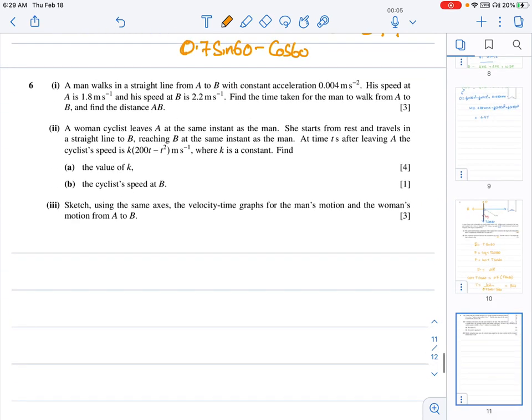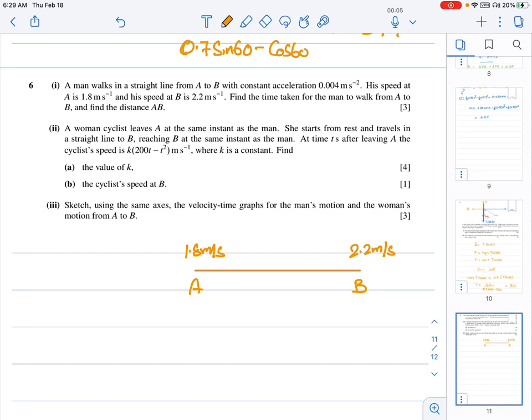Question number 6. A man walks in a straight line A to B with a constant acceleration 0.004. Then speed at A is 1.8 meters per second. Speed at B is 2.2 meters per second. Find the time taken for the man to travel this distance.